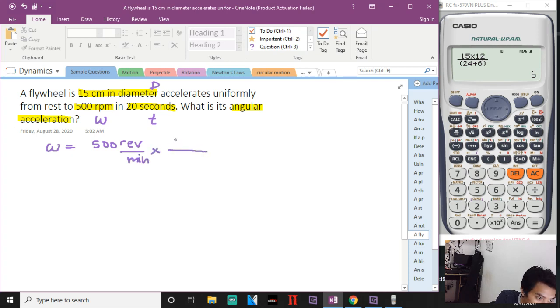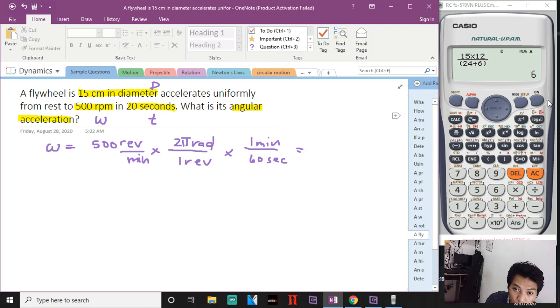In one revolution, you got 2 pi rads. Then, i-multiply mo yung minute. 1 minute kasi in every 60 seconds. So, makukuha natin yung conversion. Okay? So, 500 times 2 pi, divide by 60.